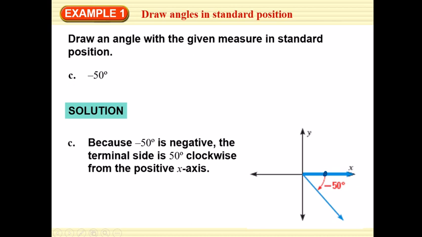It is always my initial side, and it's going negative 50 degrees here. And if I were to meet right back at the same terminal side, however going the other way, it would be 310 degrees, right? So negative 50 and 310 degrees have the exact same terminal side.